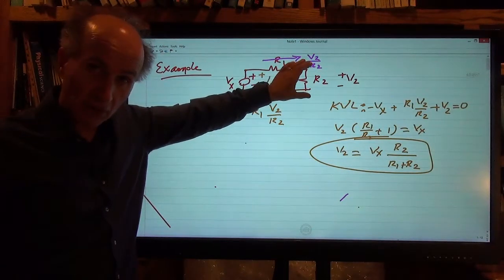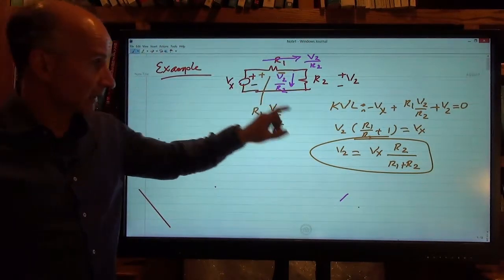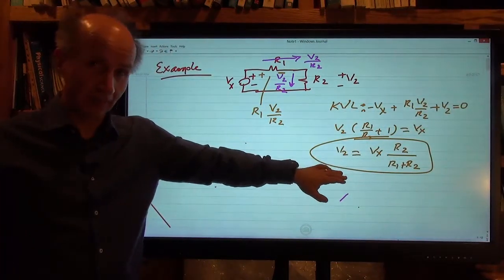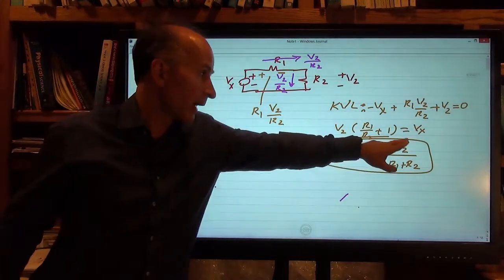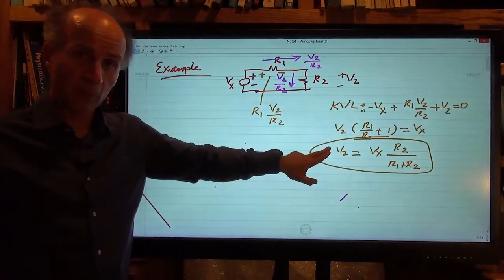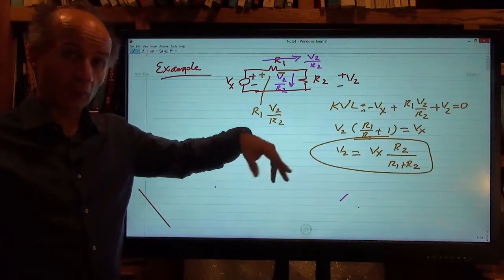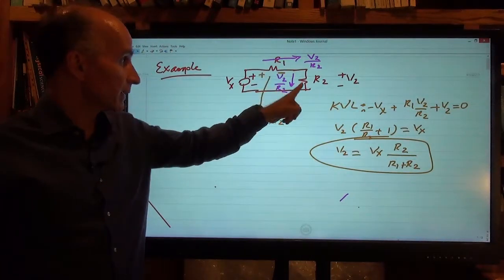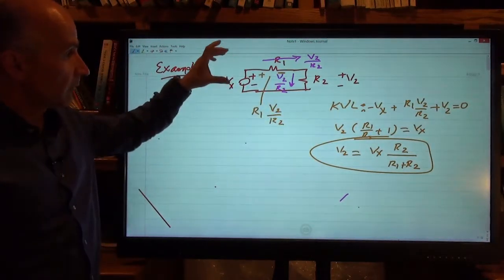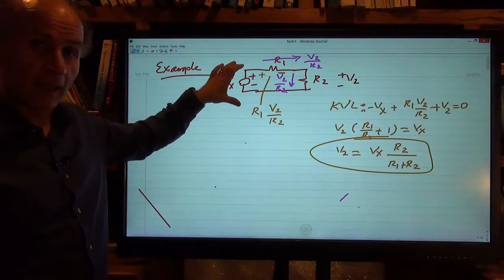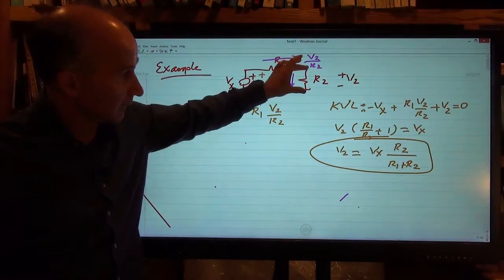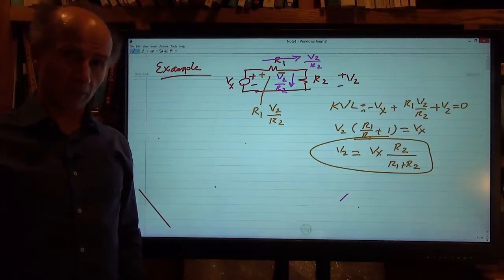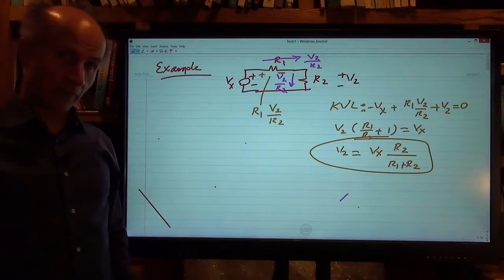And this voltage is less than this voltage, as you can see from this equation. So we say we have attenuated Vx by this factor as we went to V2. If you want, for some reason, to attenuate a voltage, you can use two resistors like so. The voltage to be attenuated goes here, and the output voltage is measured across R2, and that becomes an attenuator. So that's one little circuit that sometimes we use.